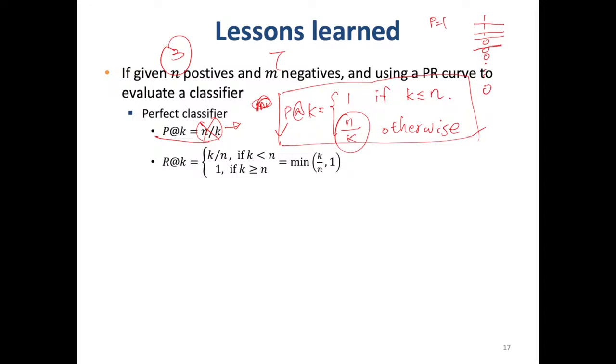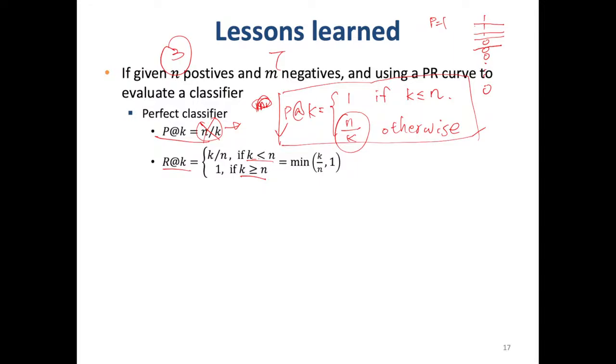Okay, how about recall at k? If k is larger than n, then of course recall is always 1, because you identify all the positive cases. But if k is smaller than n, then recall is k divided by n.